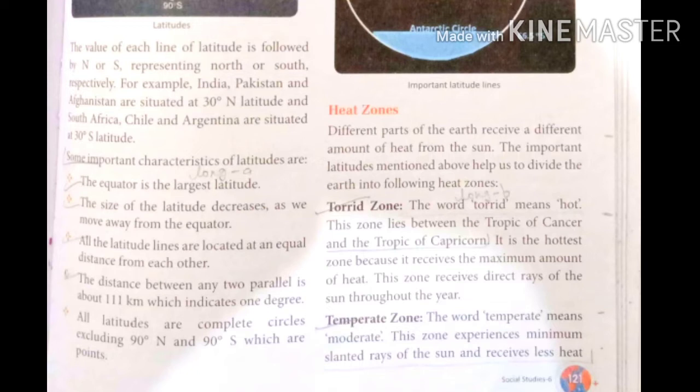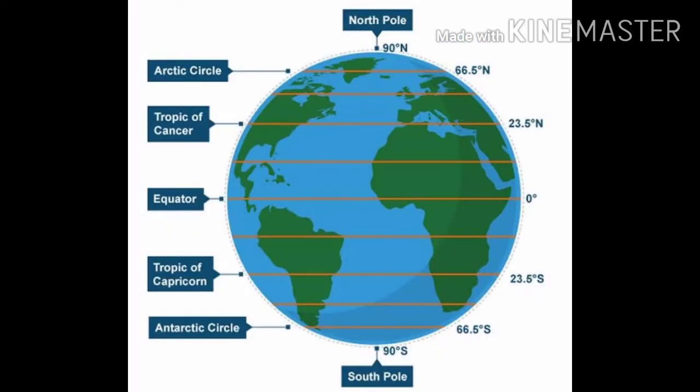Now, important latitudes. There are 4 important parallels or 4 important lines of latitude on the earth, beside the equator, 0 degree, and the North Pole and South Pole. The first important latitude is the Tropic of Cancer, which is 23.5 degree north.